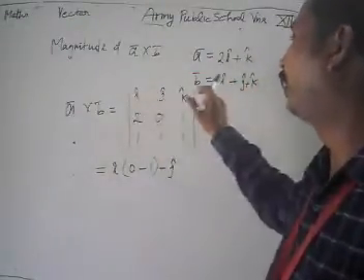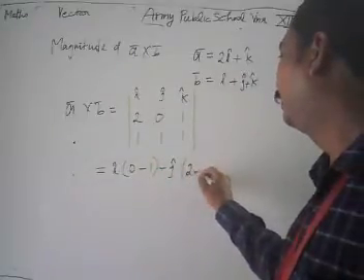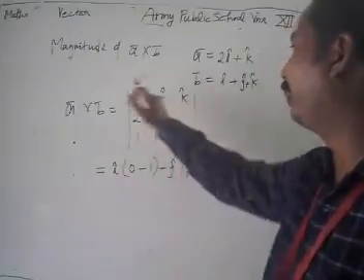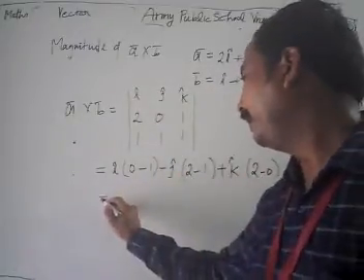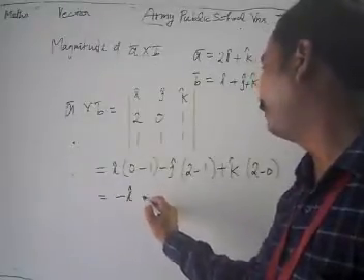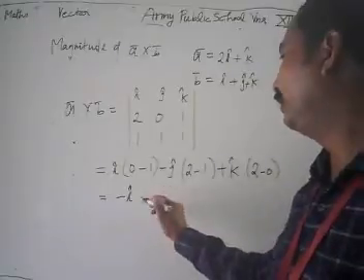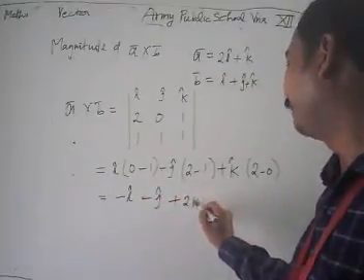Deleting the respective row and column, we have 2 times 1 minus 2 times 1, which is 2 minus 1. Plus k cap, deleting this row and column, we have 2 minus 0. So we have (0 minus 1) i cap, minus (2 minus 1) j cap, which is minus j cap, and plus 2 k cap.